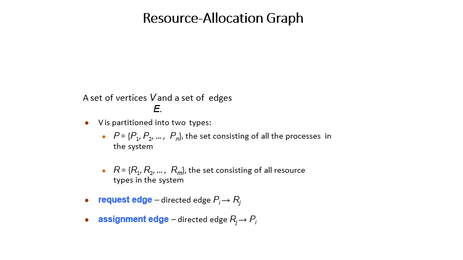Before going to the resource allocation graph, we know that in a normal graph, V refers to the set of vertices and E refers to the set of edges.